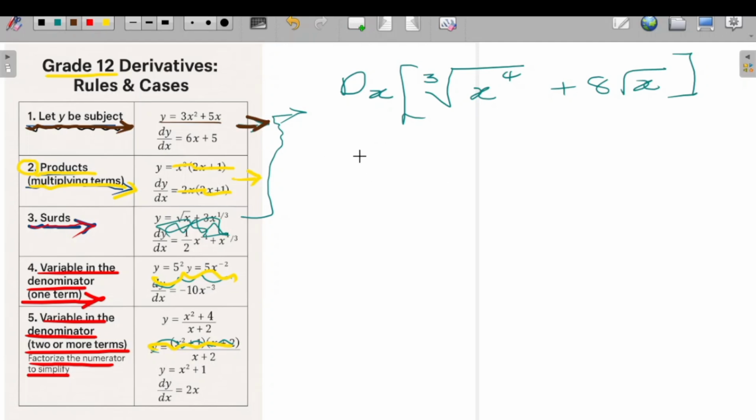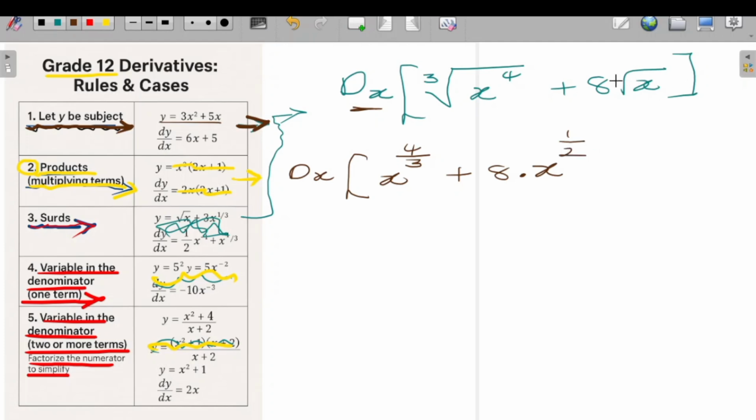So what we have to do first is simplify. You can drop this even at this point, or you can keep writing it because you haven't derived. I advise that you keep writing it, so you're going to say d/dx. You're going to simplify this first. So it will be x to the power of inside over outside, 4 over 3, plus 8 times x to the power of inside over outside.